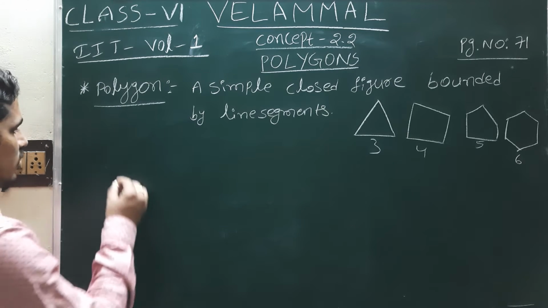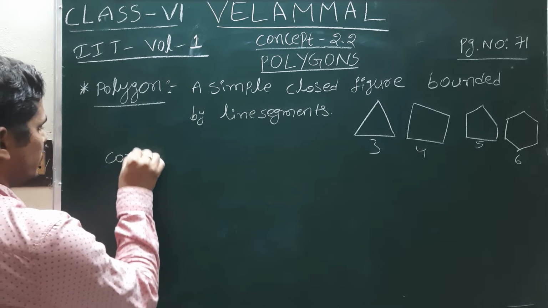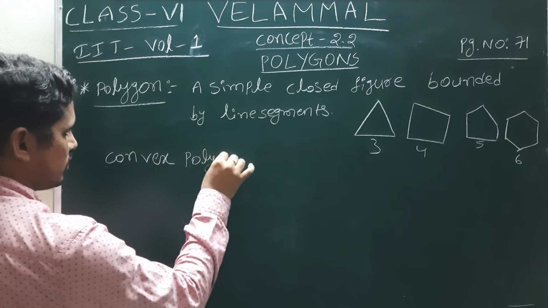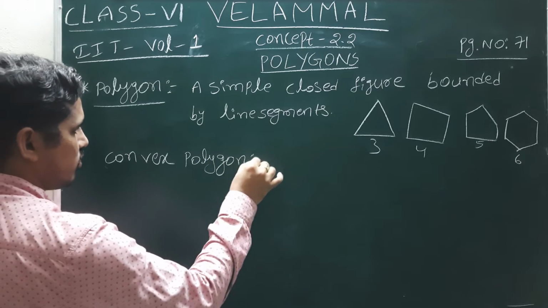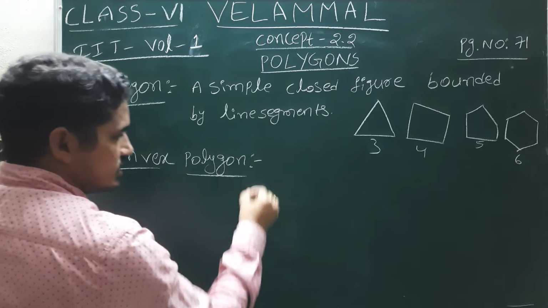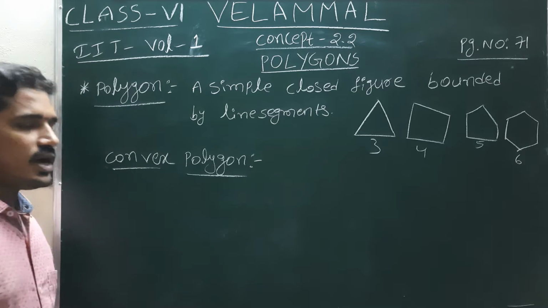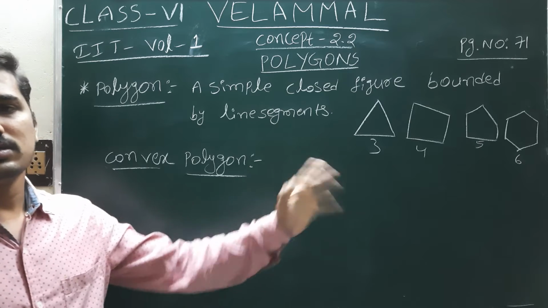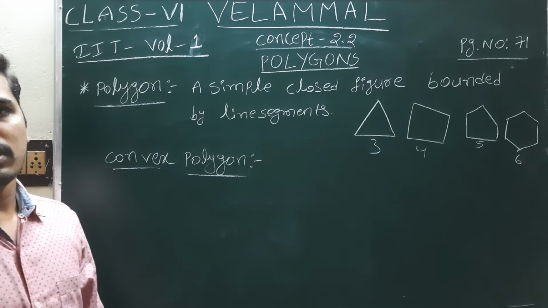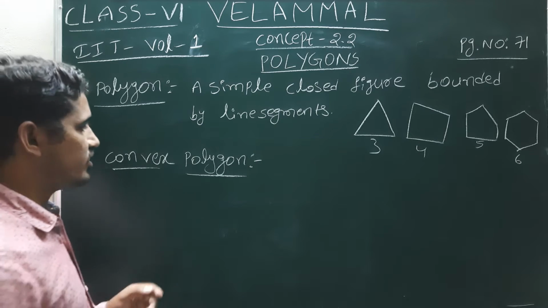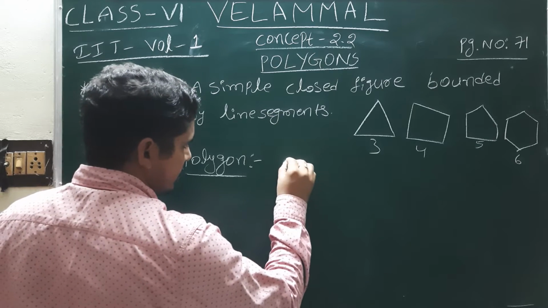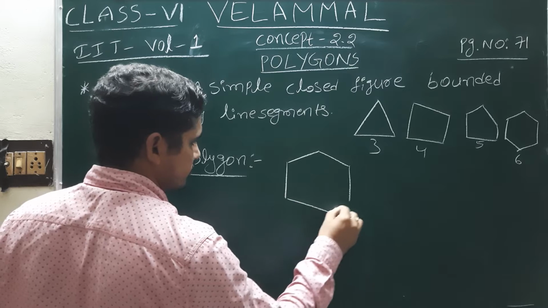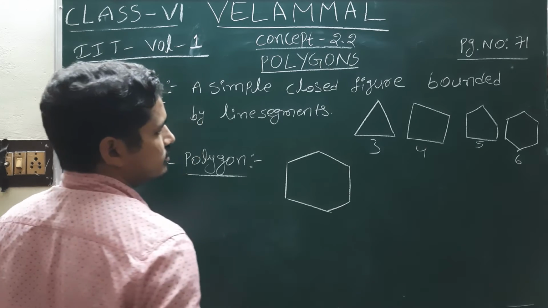Say we are discussing convex polygons. Whenever we say a convex polygon or concave polygon, we say it depending upon the sides or angles of the polygon. For example, for a convex polygon, I am taking a hexagon here.